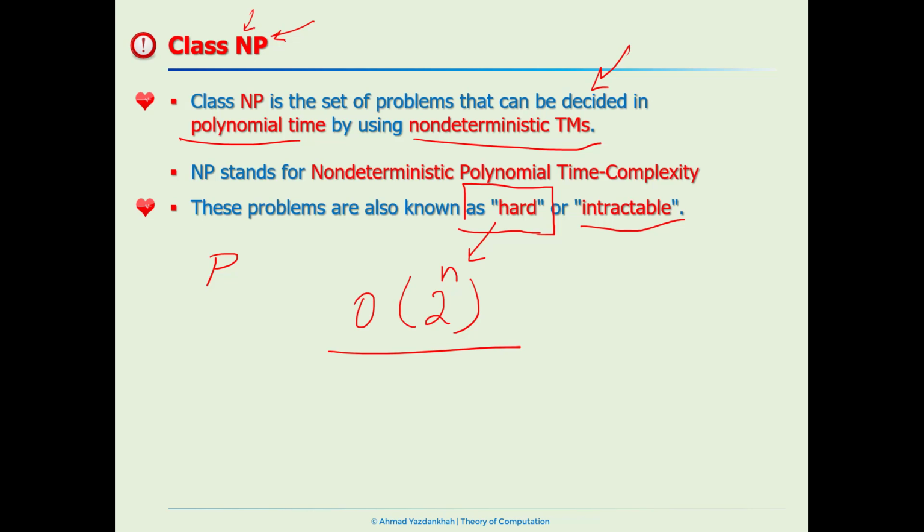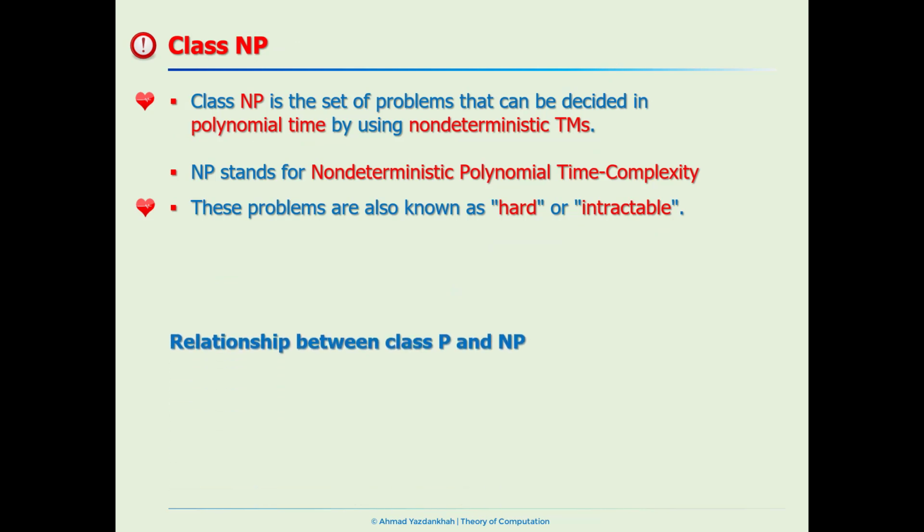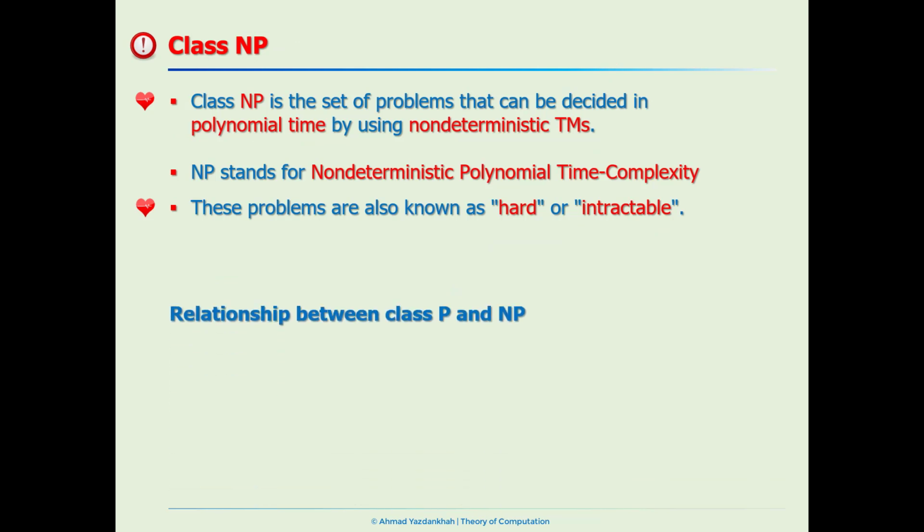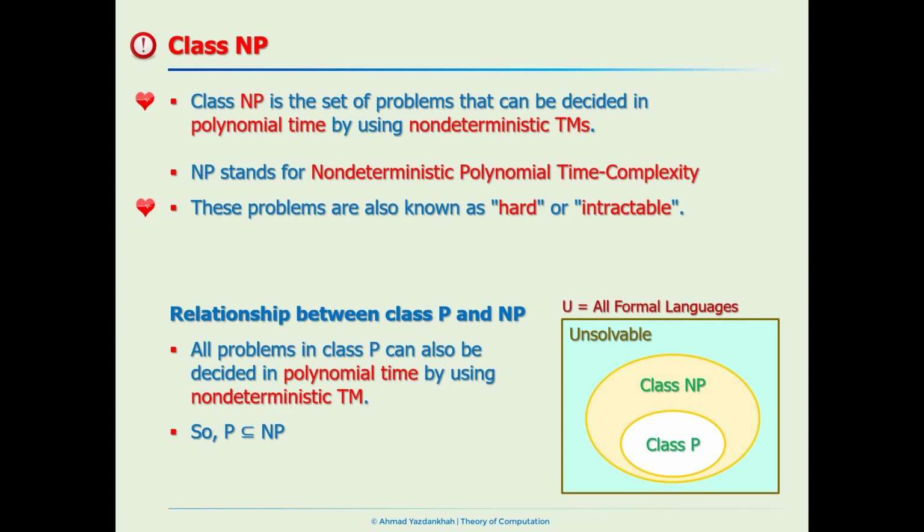Okay, what is the relationship between class P and class NP? If a problem is here, it can be solved by a deterministic Turing machine in polynomial time, and the same problem can be solved by a non-deterministic Turing machine in polynomial time too, right? So these are the problems that are in common between the NP and P classes.